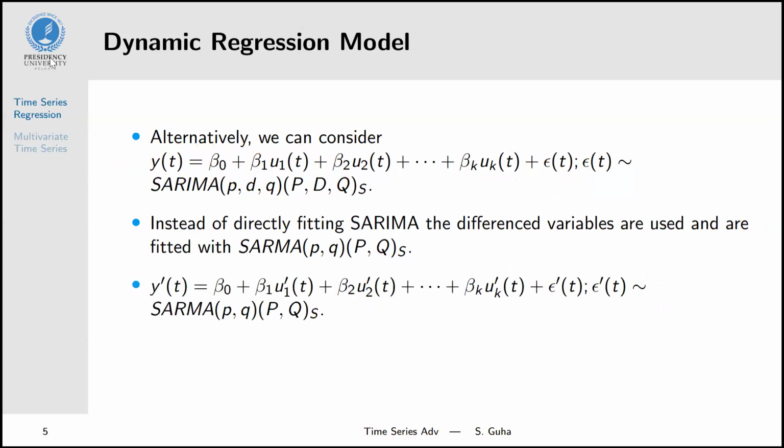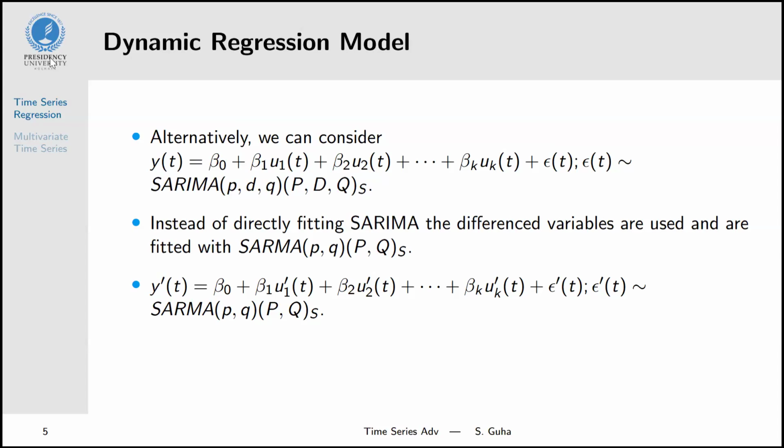So after doing all this differencing, this beta naught won't be there. Whenever you apply differencing, this will go from the picture, but the rest of the variables will be there. And then you can fit a SARMA model to this equation. So with the transformed data, based on that you will get the values of these coefficients, these unknown parameters.